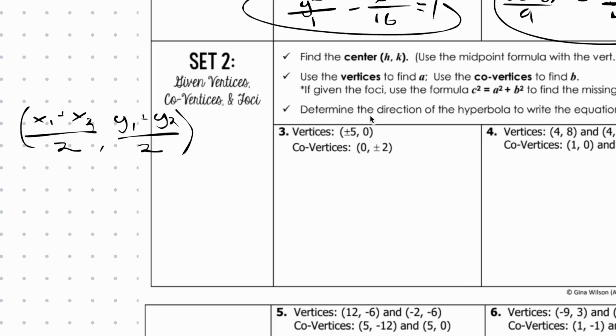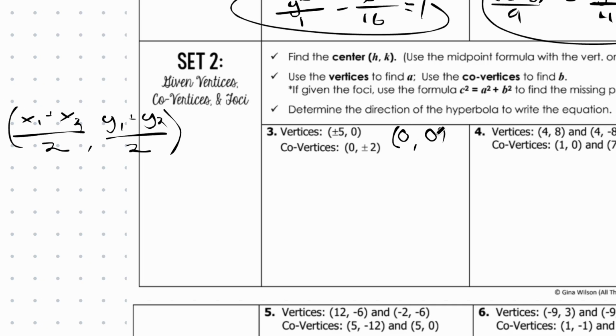So here, for example, if we try to find the midpoint of 5, 0, and -5, 0, we have the same y value, so it's just going to stay 0. And then our x, we're going to have 5 plus -5, which is 0, divided by 2 is 0. In this case, it's pretty apparent that the center is 0, 0.